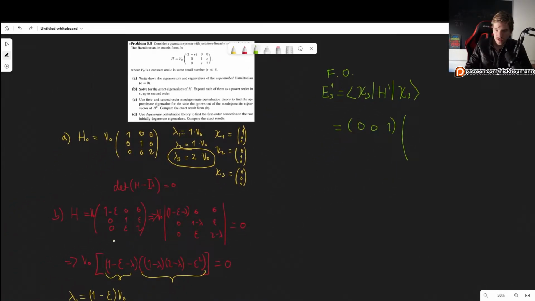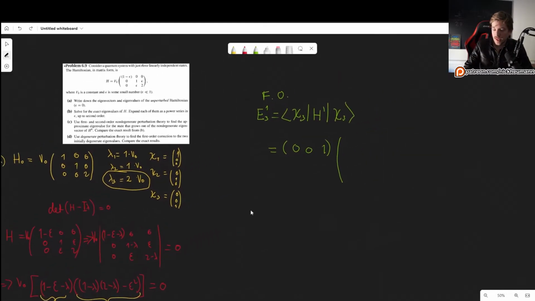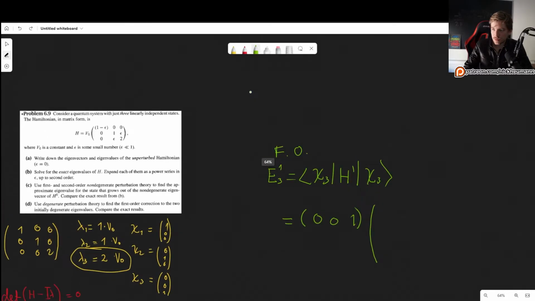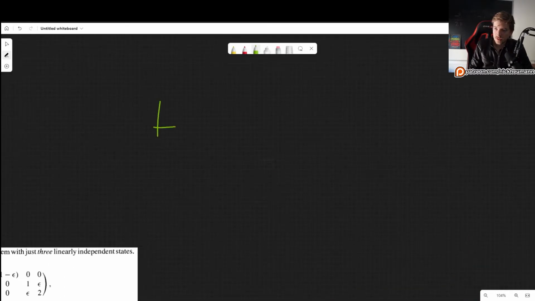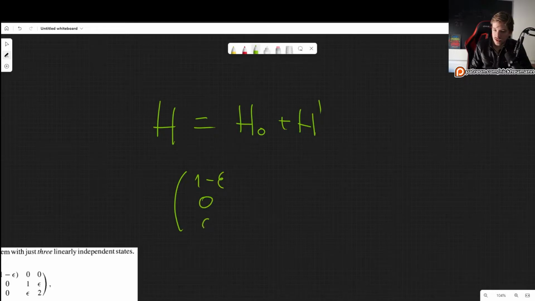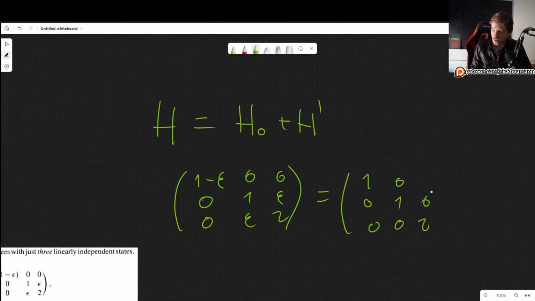It is basically this, but only with the epsilons. Let me just make it very clear. H is H0 plus H prime. And H is 1 minus epsilon 0, 0, 0, 1, epsilon 0, epsilon 2, and H0, as we have seen, is the case when epsilon is 0, then we have 1, 0, 0, 1, 0, 0, 0, 2, 0.